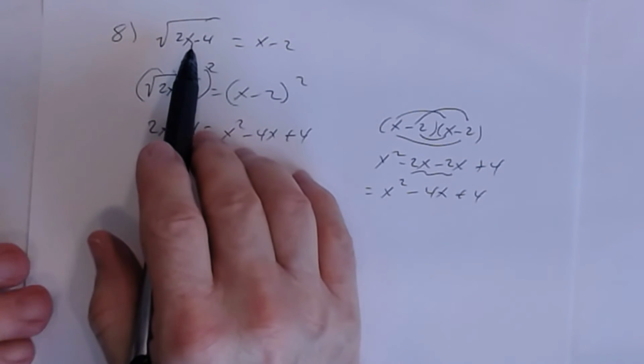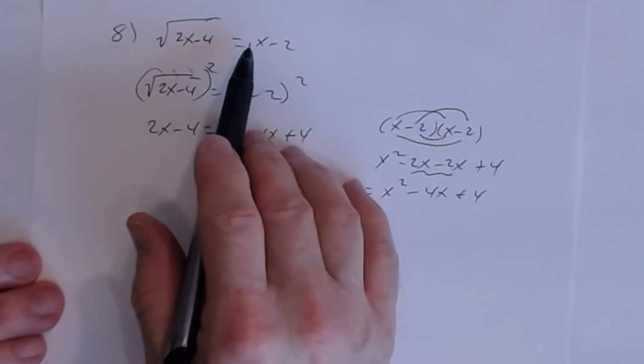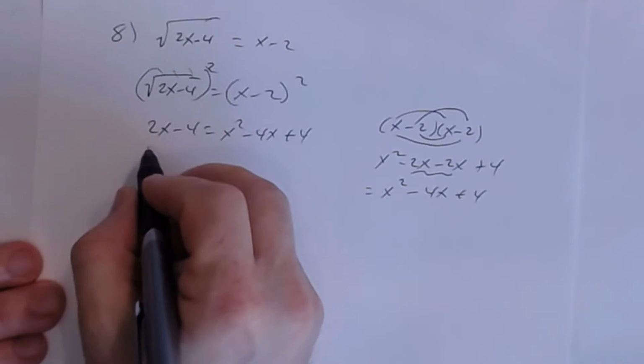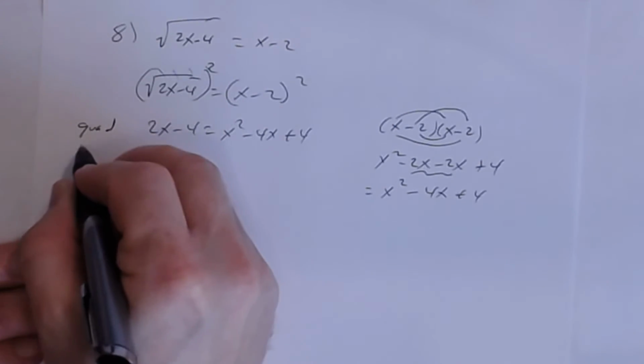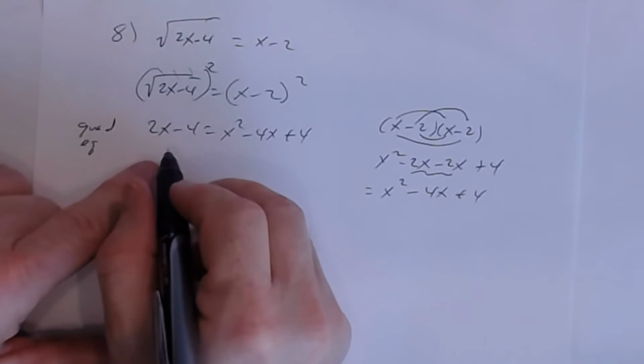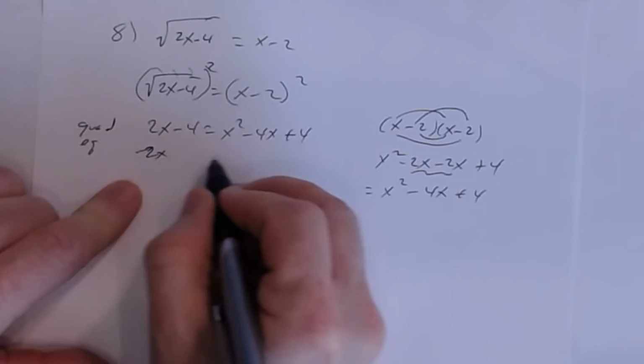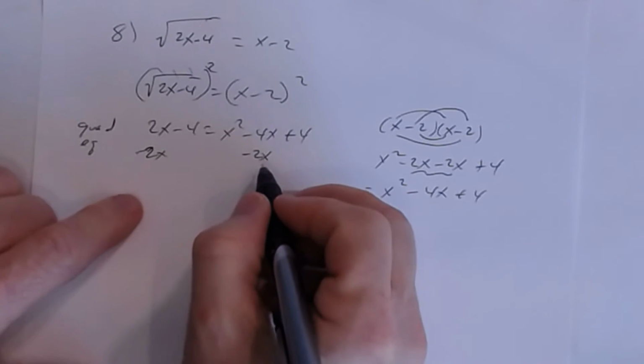Now notice I went from a radical equation, a square root equation, to a quadratic equation. To solve this quadratic equation, I want to get 0 on one side. So I'm going to subtract 2x from both sides, and notice I'm aligning my like terms.